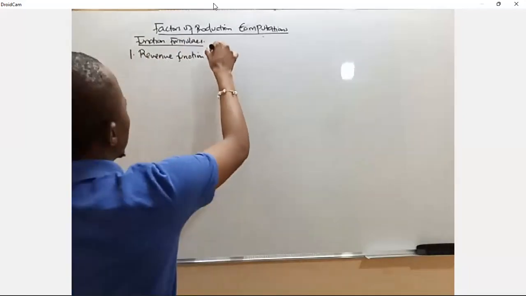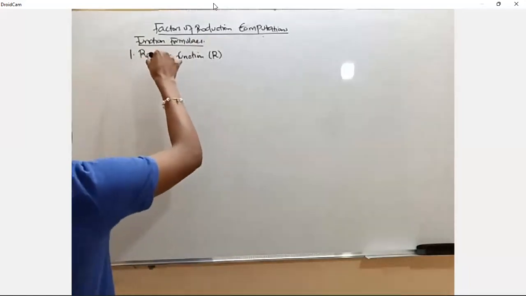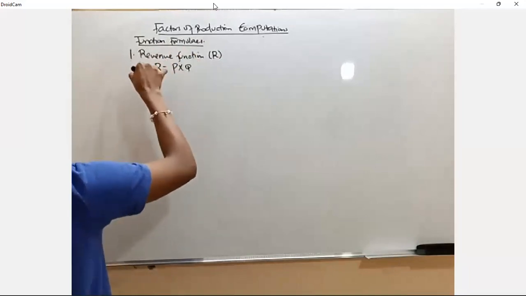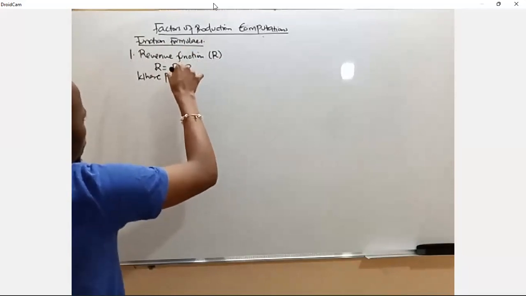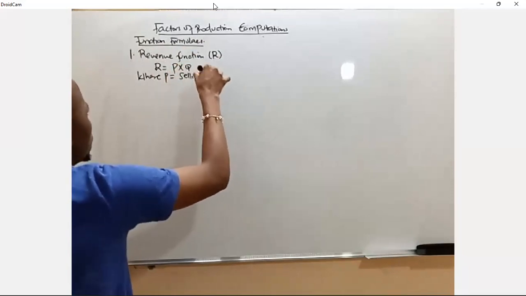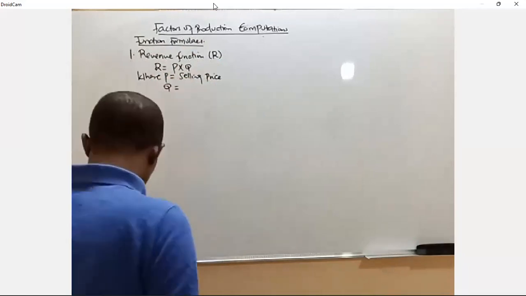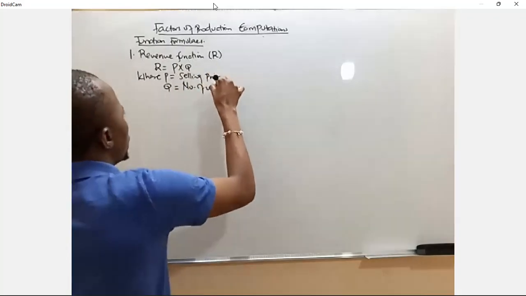That is our R here. To get our R, we normally take P times Q, where our P is equal to the selling price, right? Then we have our Q, which is the number of units sold.